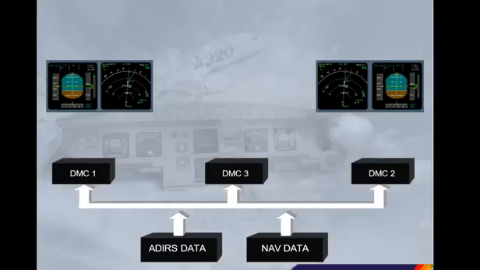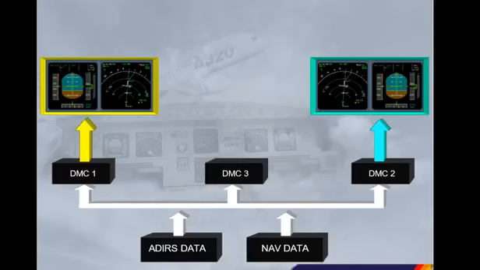The three identical DMCs process the data and generate the images to be displayed. In normal operation, DMC1 supplies EFIS information to the captain's PFD and ND, DMC2 supplies the first officer's PFD and ND, DMC3 is available as a backup. You will see the use of DMC3 in the Abnormal Operation module.